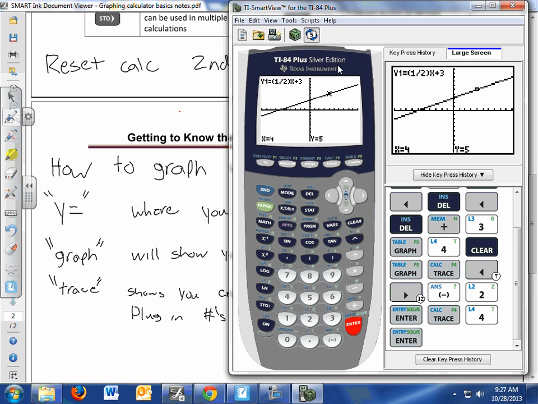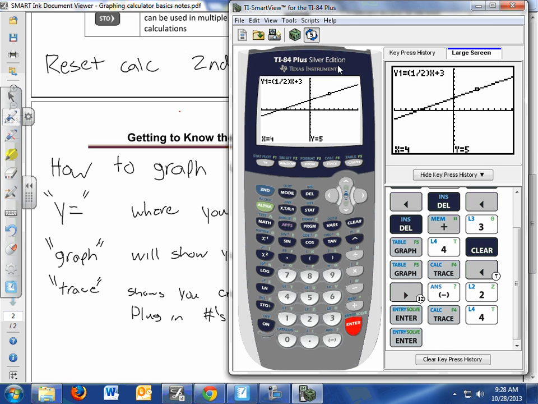Nice. Beautiful. See how I can, no, press trace. Now type in 7.2. Press trace. Now press 7.2. Enter. There you go.